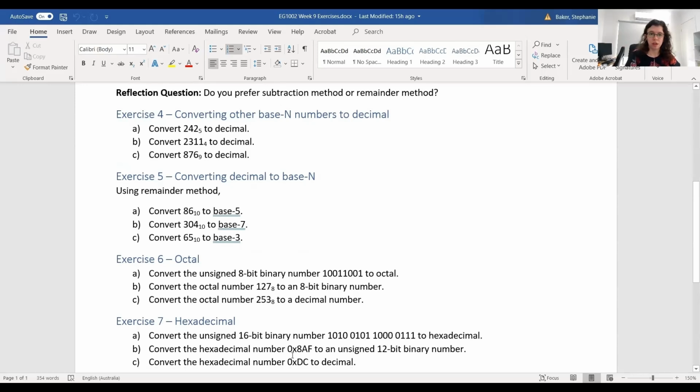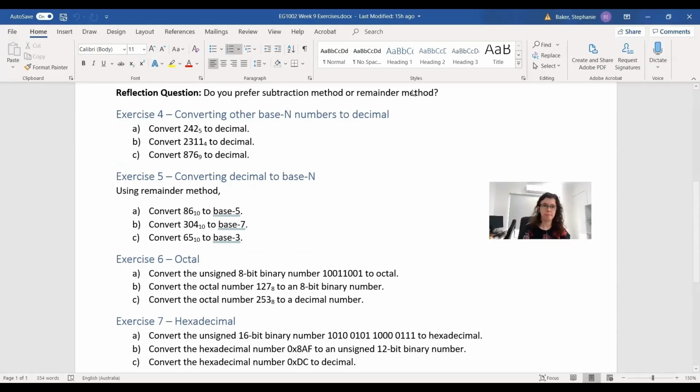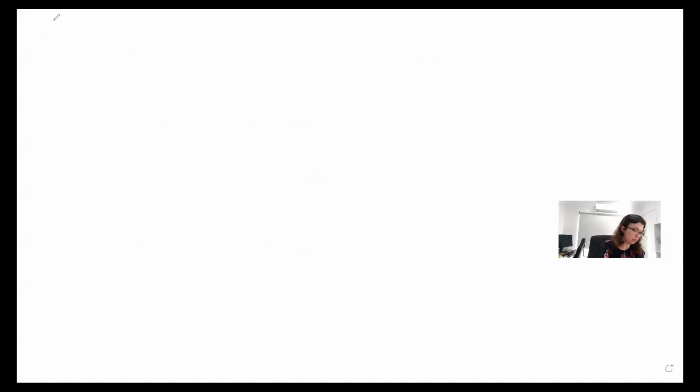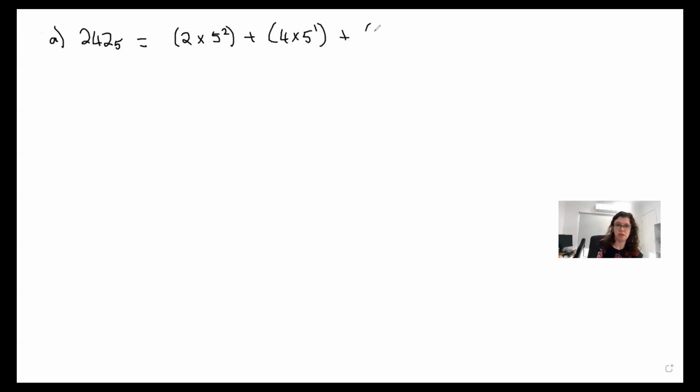So let's share the whiteboard again. Clear all of this. So exercise 4, the first question was to convert 242 with a base of 5 to decimal. Again, you could do it as a little table with place values, but you can just go 2 times 5 to the 2 plus 4 times 5 to the 1 plus 2 times 5 to the 0.